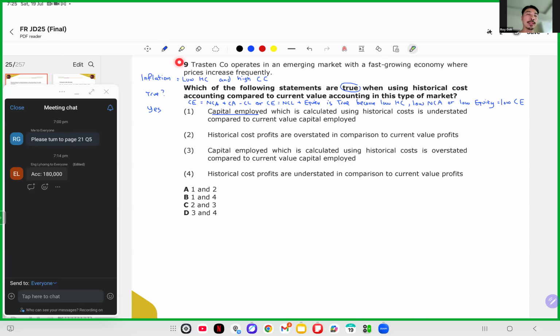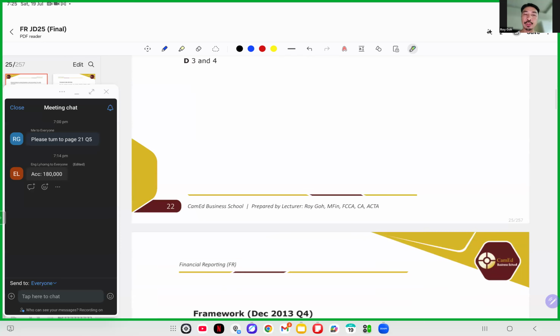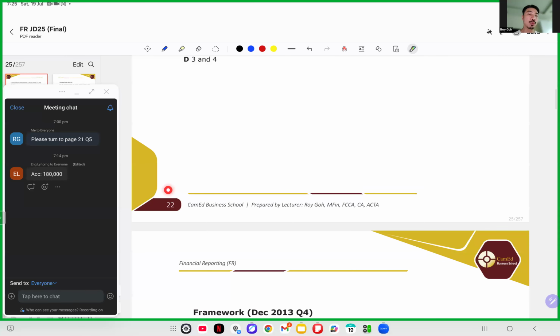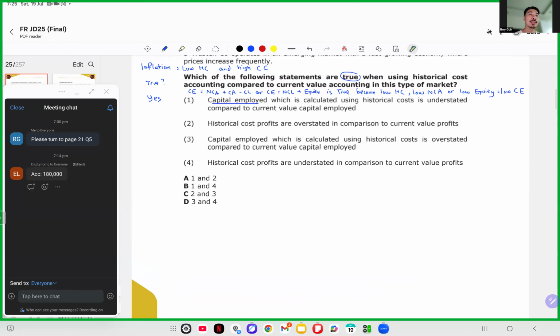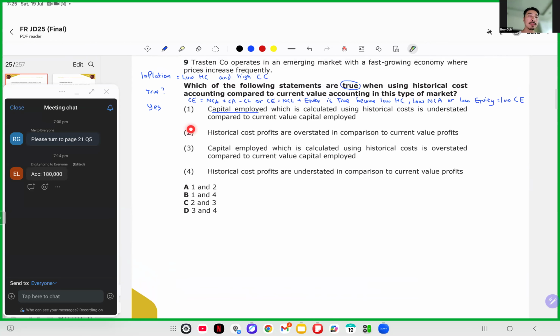Sentence 2, question 9. If you have joined us now, page 22. Page 22, question 9, sentence 2. Historical cost profit is too much compared to the current cost profit. Is it true? Well, let's take a look. In a historical cost, what do I have?